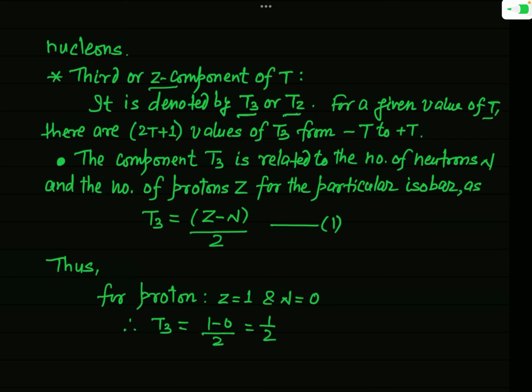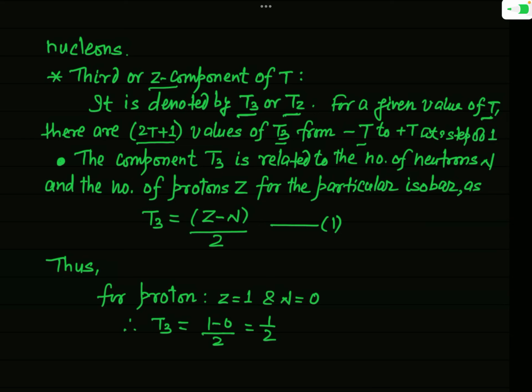For a given value of isospin quantum number T, there are 2T plus 1 values of T3, which run from minus T to plus T at a step of 1.